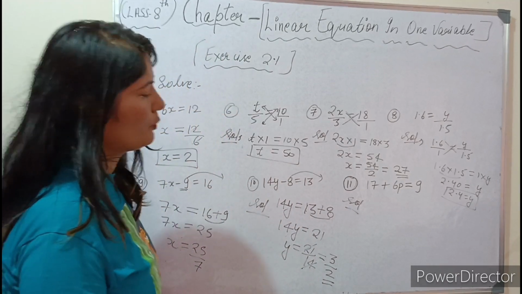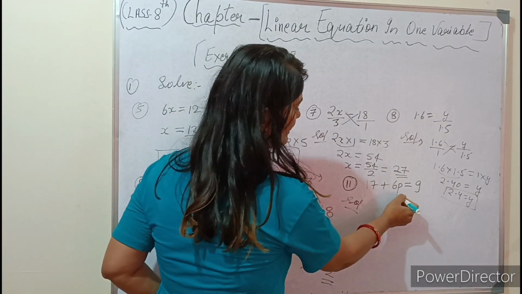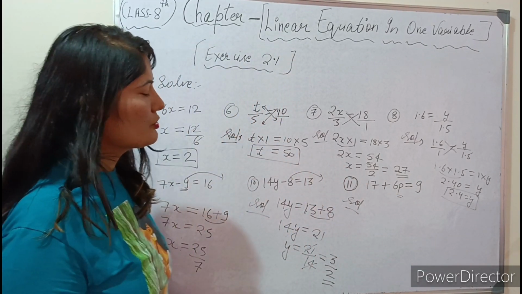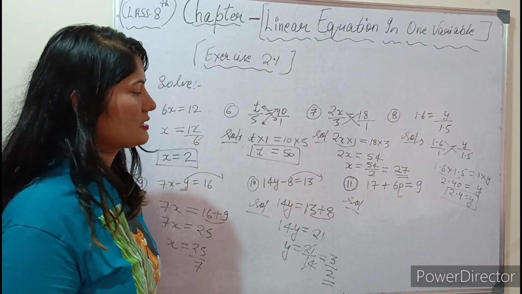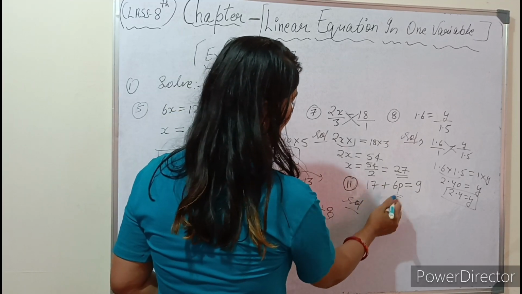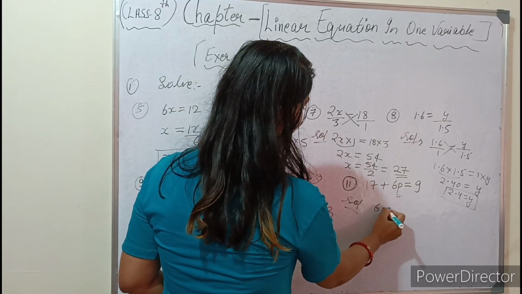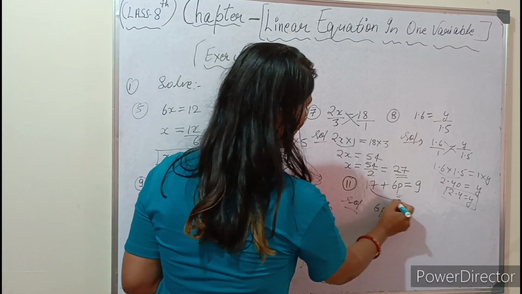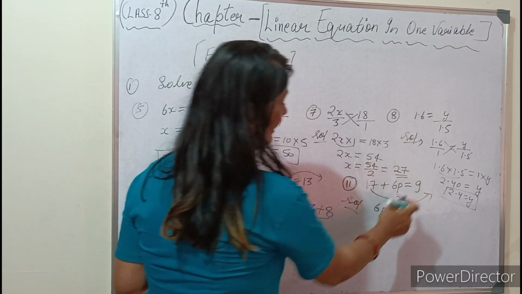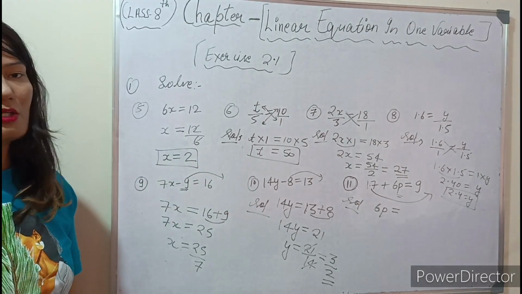Same way in 11th part you will see here p is the variable, right? So whatever numbers are there with the variable, you will shift it to the RHS side. So here first of all write 6p as it is, now equals to. Now here 17 you will shift to the RHS side, and here in the RHS side 9 is already there.